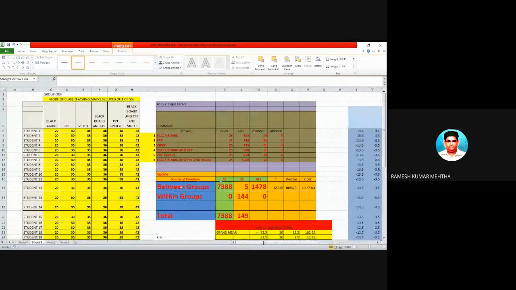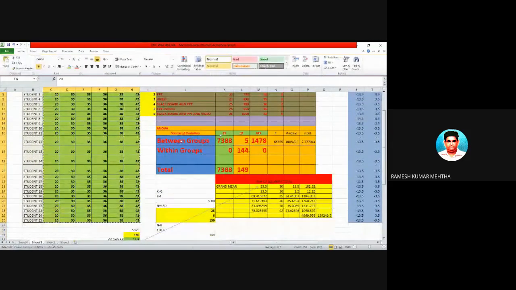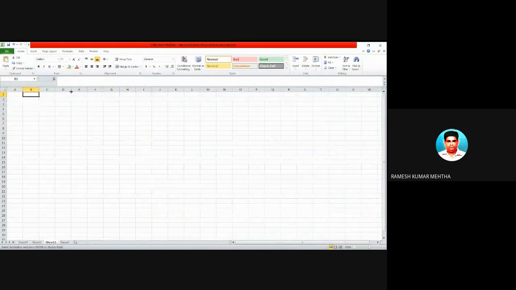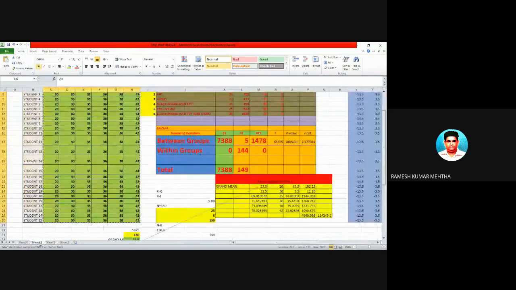I will copy this and show it in the next sheet, which will be very convenient for you. Here I am pasting, and I got the grand mean. If you remember, the grand mean is 33.5, so I will put 33.5 here.